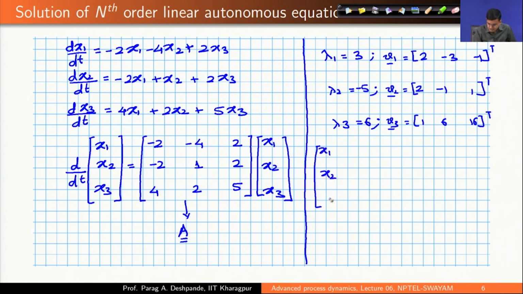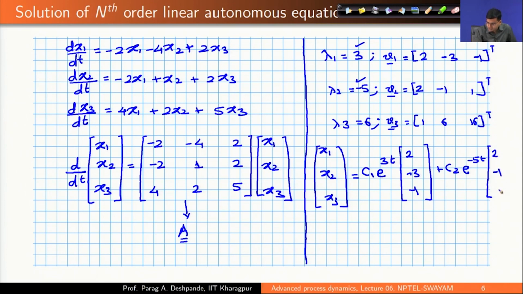So, this is the set of eigenvalues and eigenvectors, and therefore, I can write (x1, x2, x3) as C1 multiplied by e to the power 3t, 3 coming from here, multiplied by [2 -3 -1], plus C2 e to the power -5t multiplied by [2 -1 1], plus C3 e to the power 6t multiplied by [1 6 16]. This is my solution.